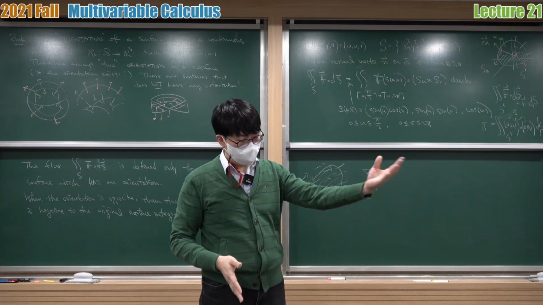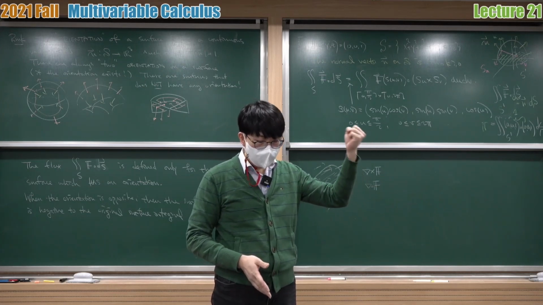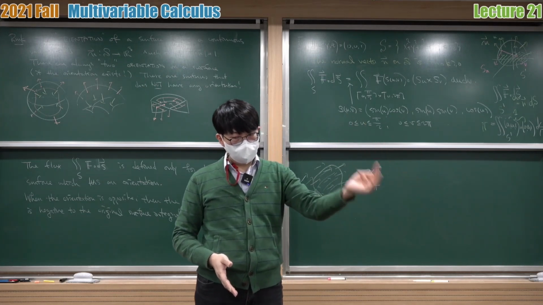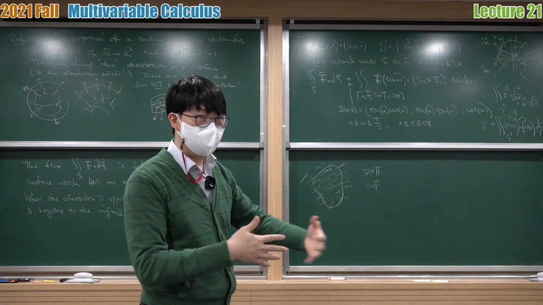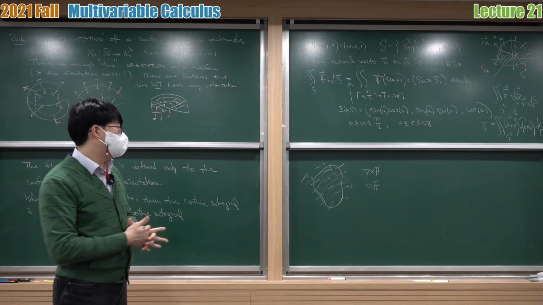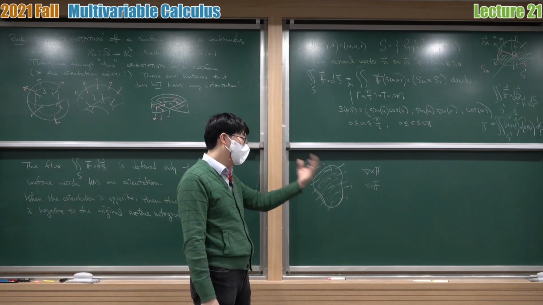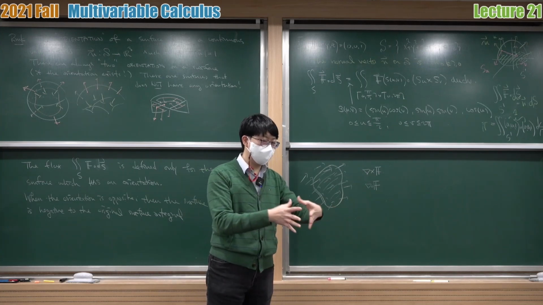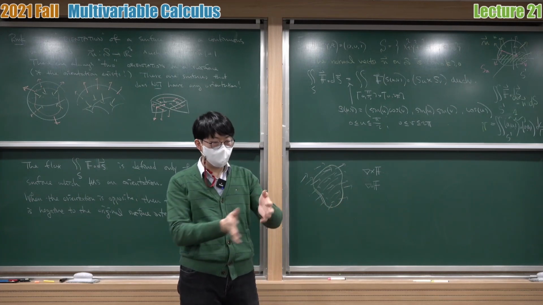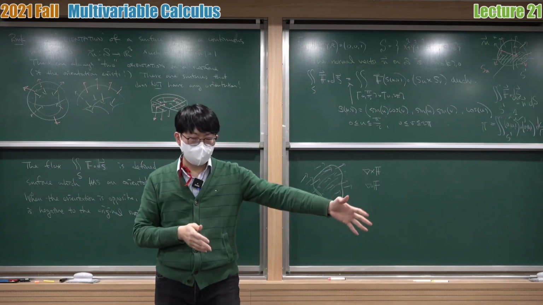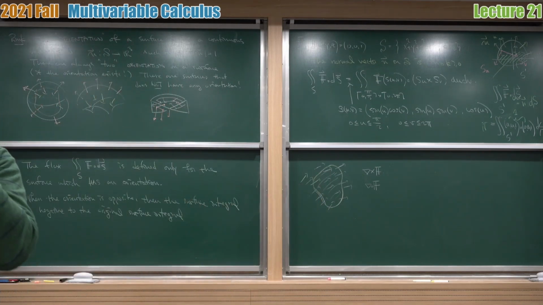I forgot to mention the Green theorem, which is the two-dimensional version of Stokes theorem. Anyway, the Green theorem, Stokes theorem, and divergence theorem are actually the same thing. They're not different. In the calculus textbook, they try to make it as simple as possible, so they put different names to it. Of course, they are actually contributors' names, but they are the same thing. They're all Stokes theorem, basically.